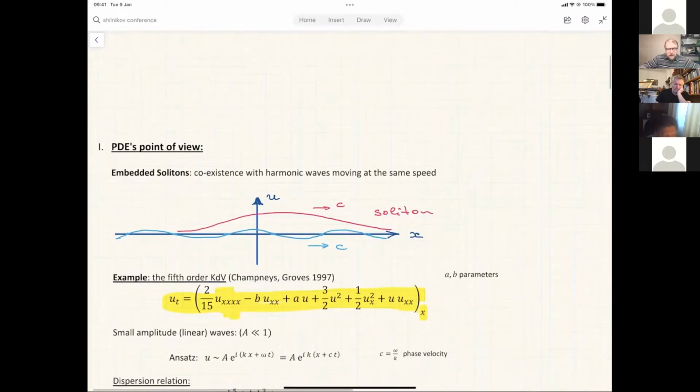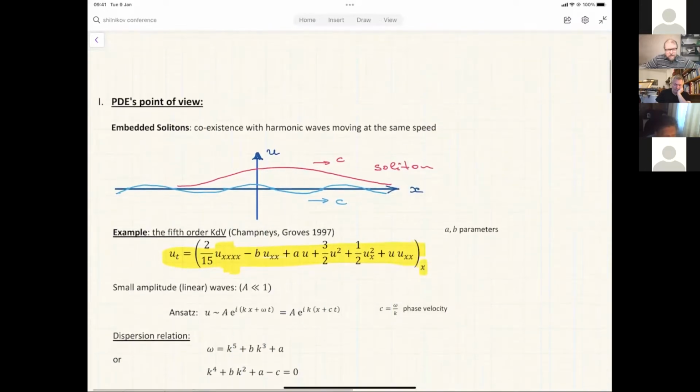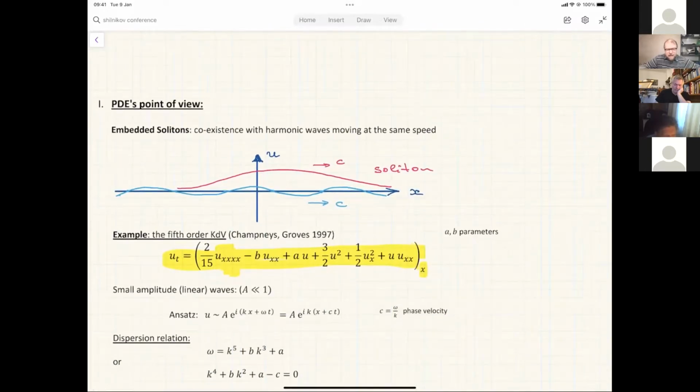And then it's very easy to establish that such a solution can exist only if the frequency omega is related to the wave number k by the dispersion relation, which takes the form that omega is equal to some polynomial of order 5 in k. Or we can eliminate omega and write it in terms of the wave number k and c.